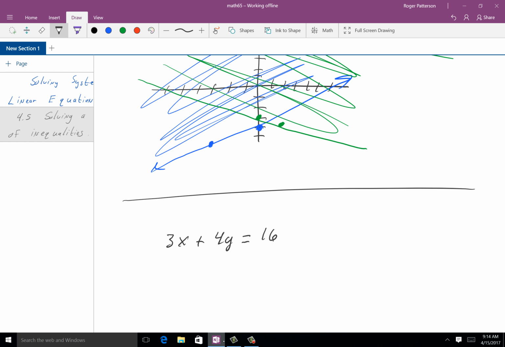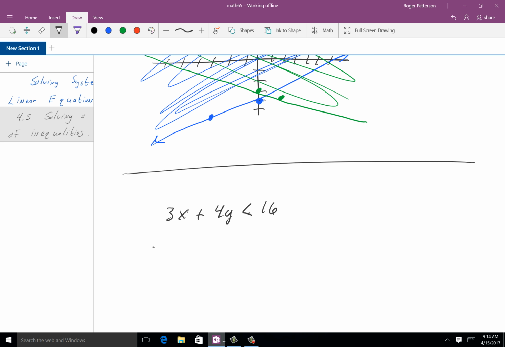Gosh, I keep putting equals. There we go. Let's do one like here. I'm going to change this a little bit. How about we do one like this? Let's go.